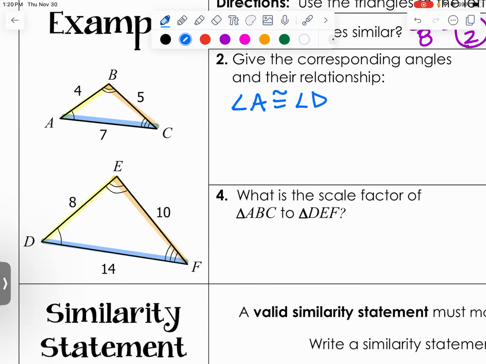D. Angle B is congruent to what? Angle B is congruent to E.